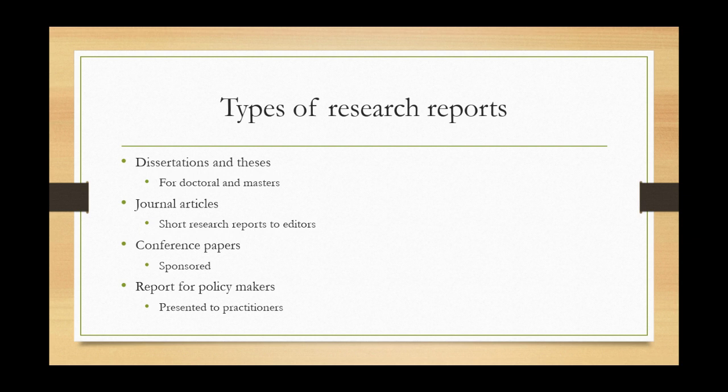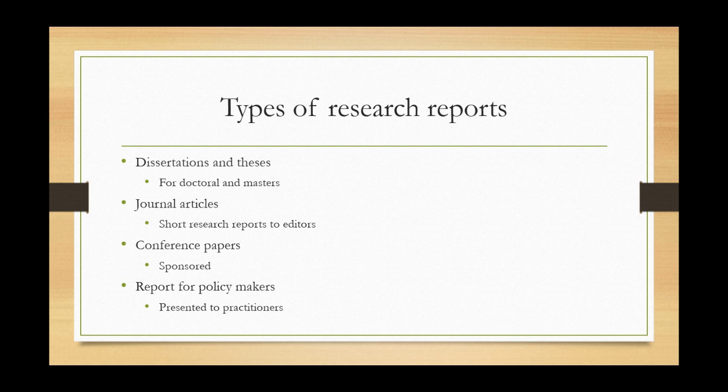The length of a dissertation or thesis can vary depending on the tradition of a certain college or university. Another type of research report that we can develop is journal articles. These are polished, shorter research reports that you normally send to the editor of a journal.